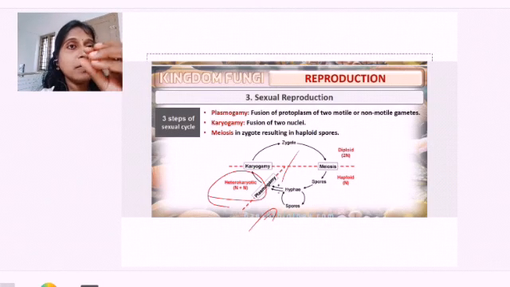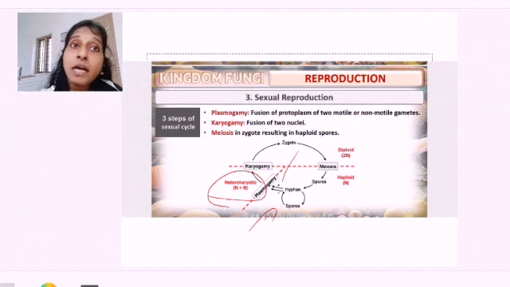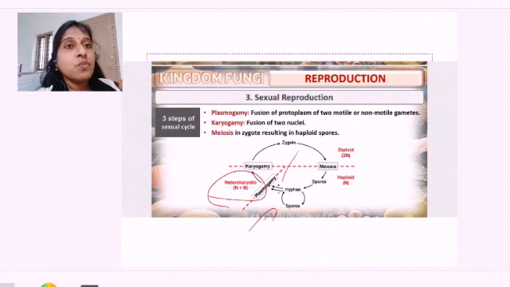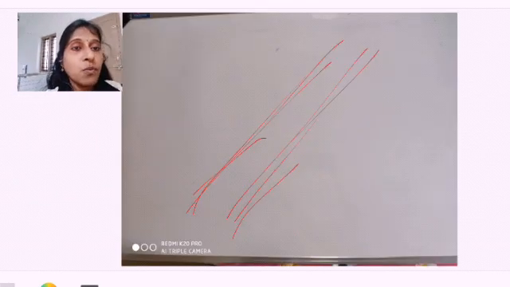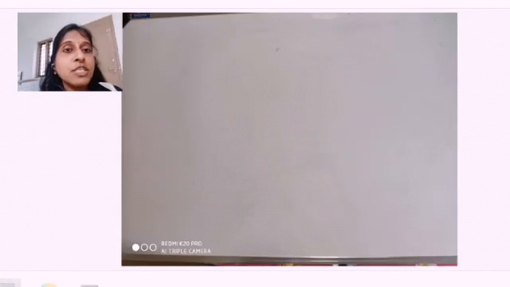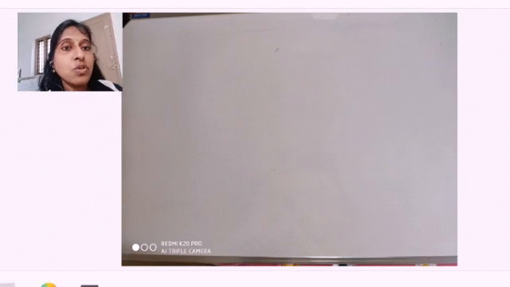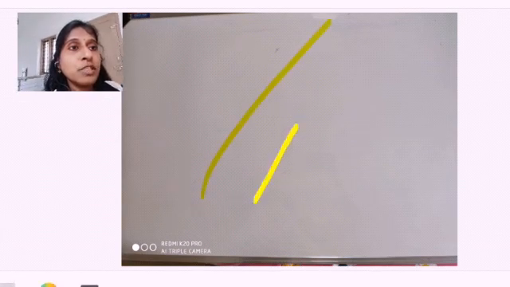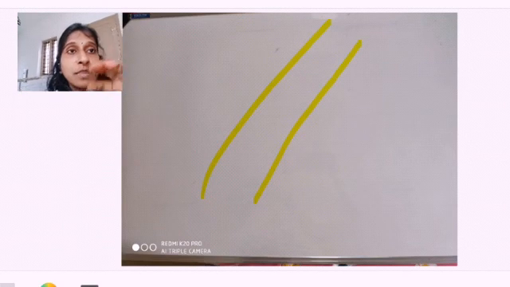So what is happening? The nuclei of one are fusing with the nuclei of the other. This one we call karyogamy. So first, what fusion has taken place? The first fusion that has taken place was of the hyphae.